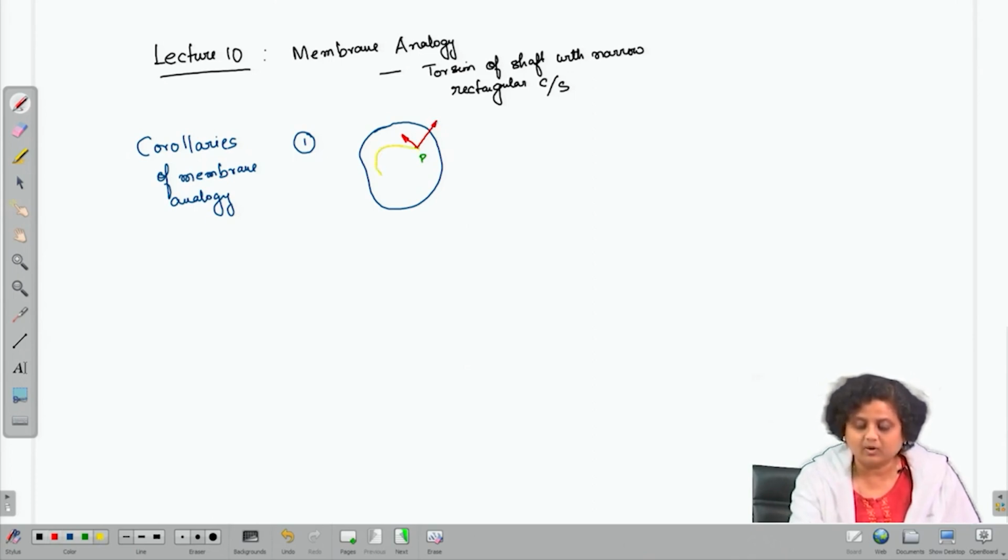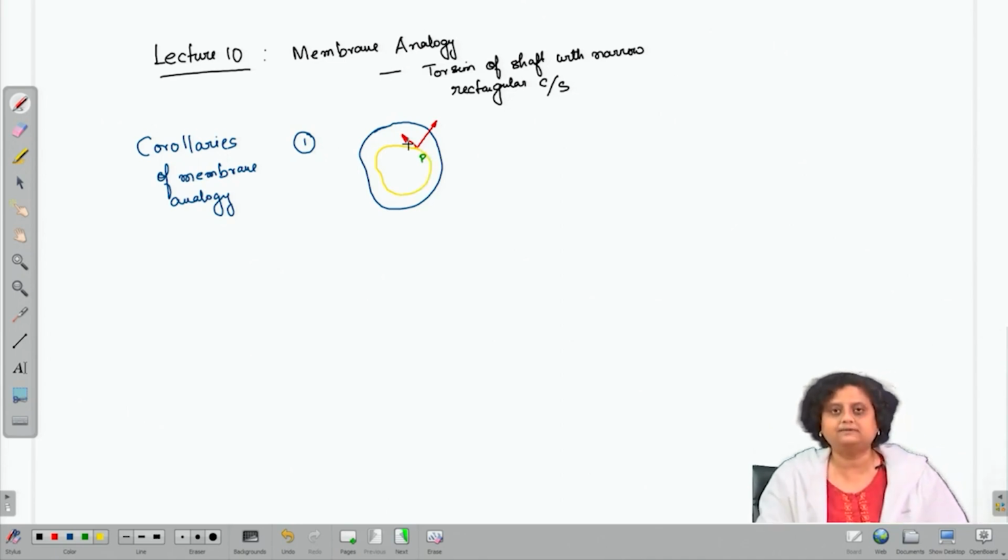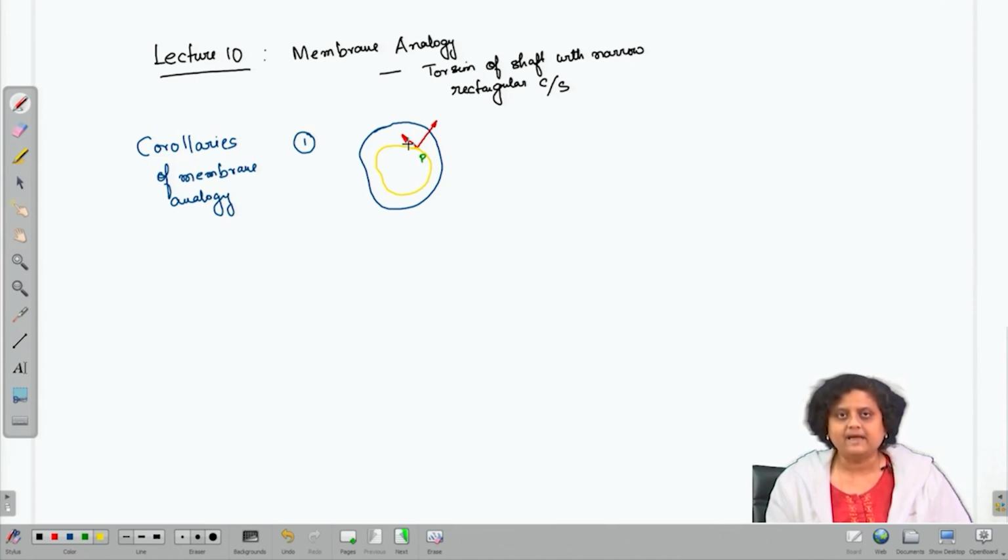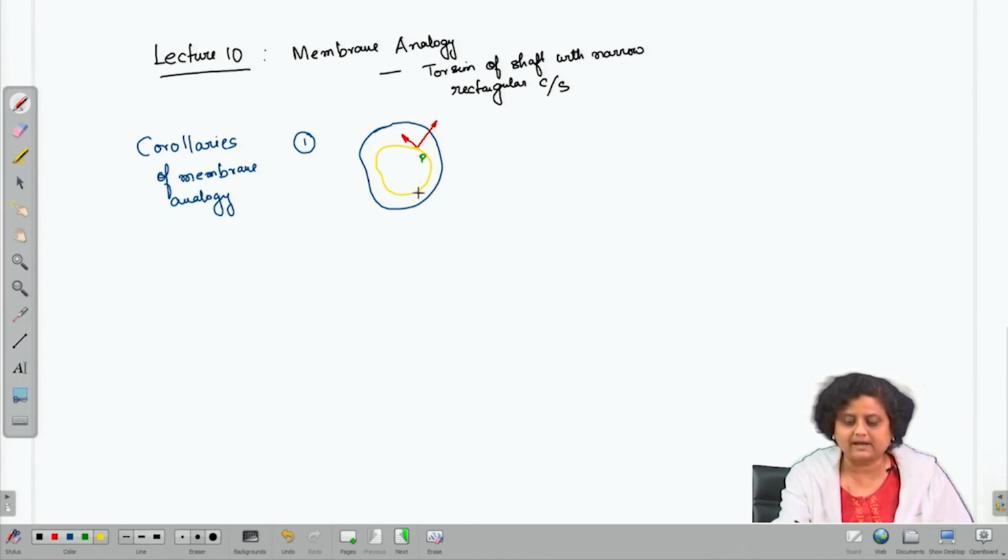So, in other words, if we have a shaft, we need to find out the resultant of the shear stress at any arbitrary point P, then we have to imagine a contour line passing through that point P in the analogous membrane, and the resultant of the shear stress in the direction tangential to this yellow color contour line is going to be 0.